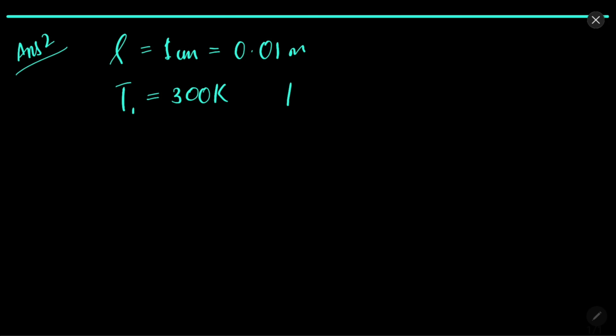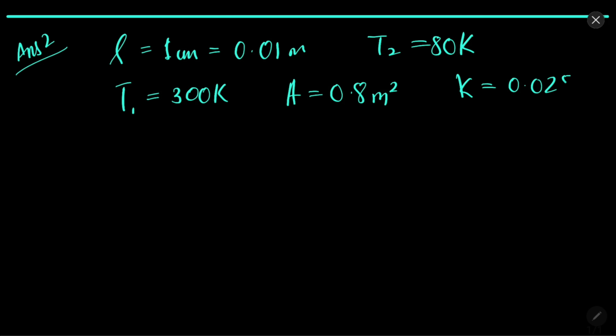Second one. So first of all, thickness is 1 centimeter, that is 0.01 meter. Let's call this length only. T1 is 300 Kelvin. Area is 0.8 meter square. T2 is 80 Kelvin. K is 0.025.